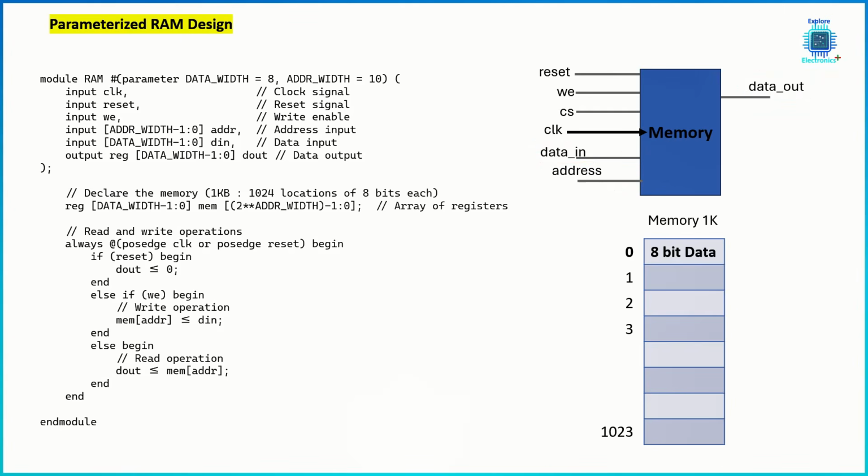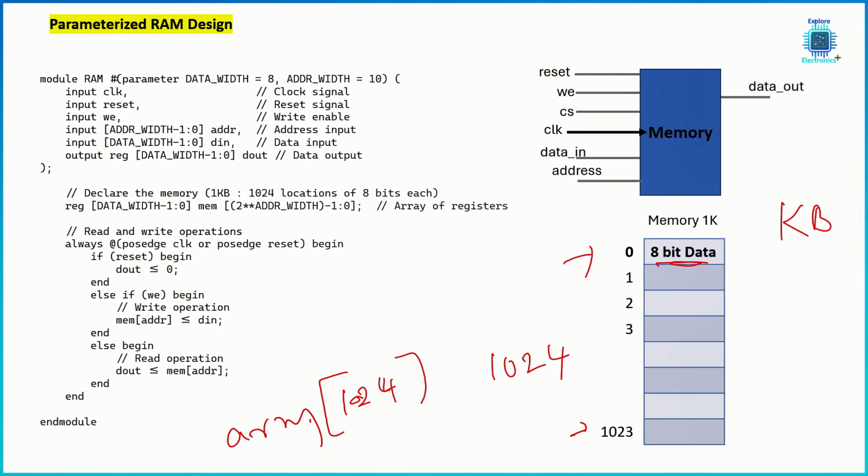Suppose you want to design 1 kilobyte of memory. It requires locations 0 to 1023, which means a total of 1024 locations. Each and every location can store 8 bits of data. In such a requirement, we need to go for a register by declaring that memory, which will have 1024 locations, as an array. An array of 1024 gives us 1024 locations, and each we need to provide with 8 bits, so it is 7 down to 0, right?